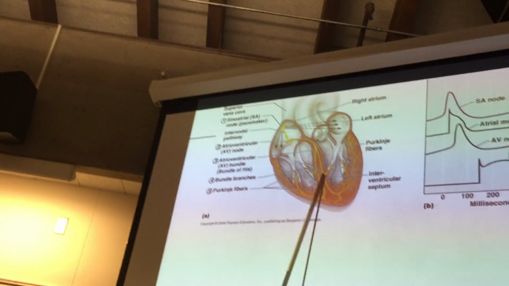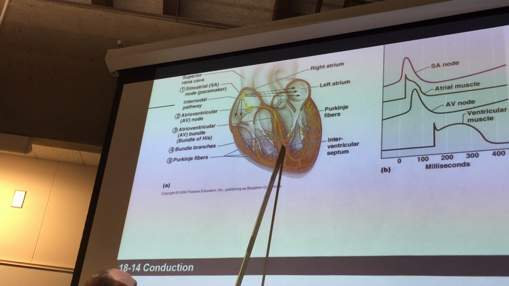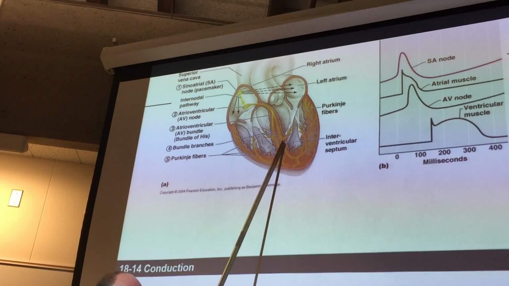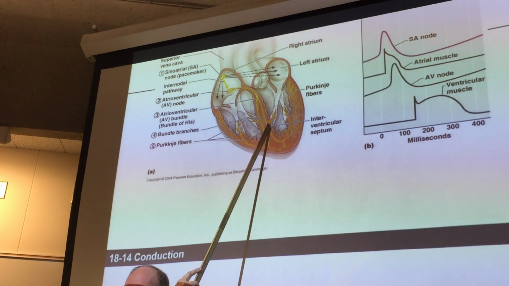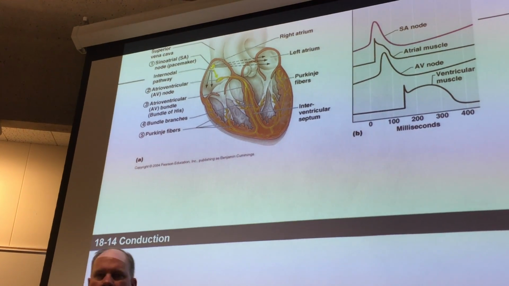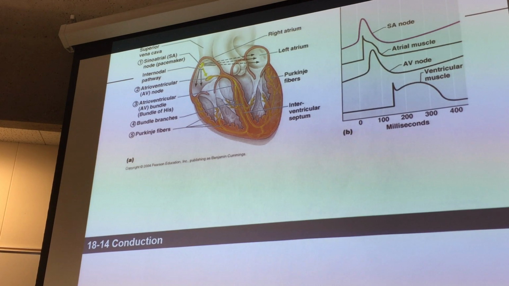If we had a myocardial event that occurred right here and damaged that tissue, where would you find it on the EKG? Bundle branch block.